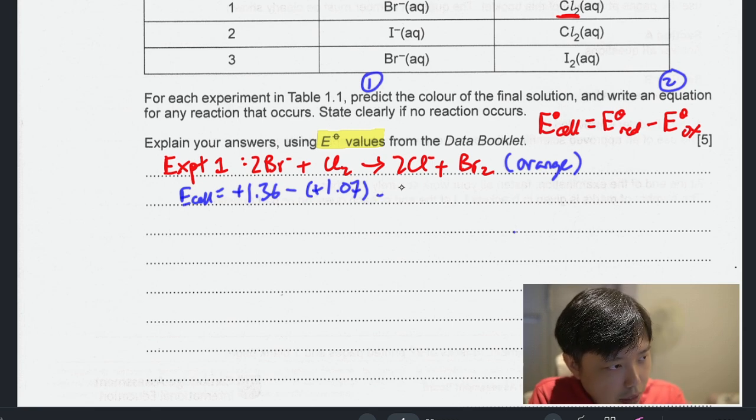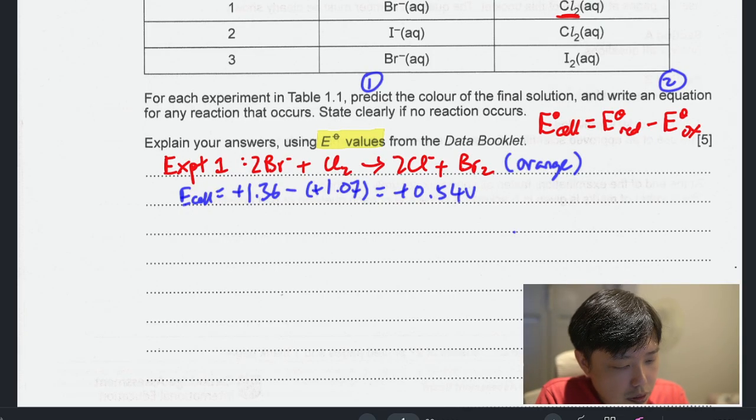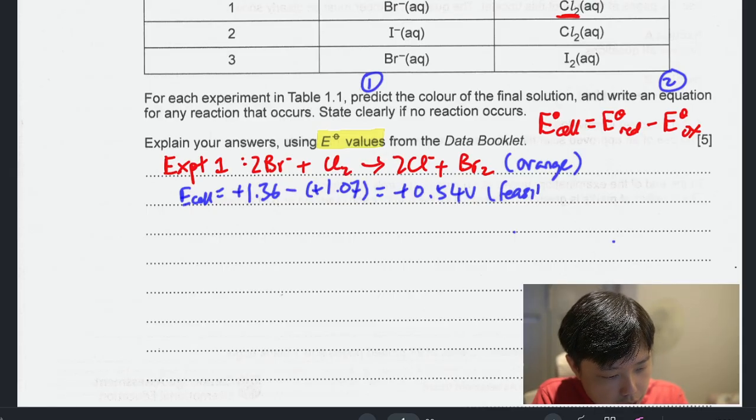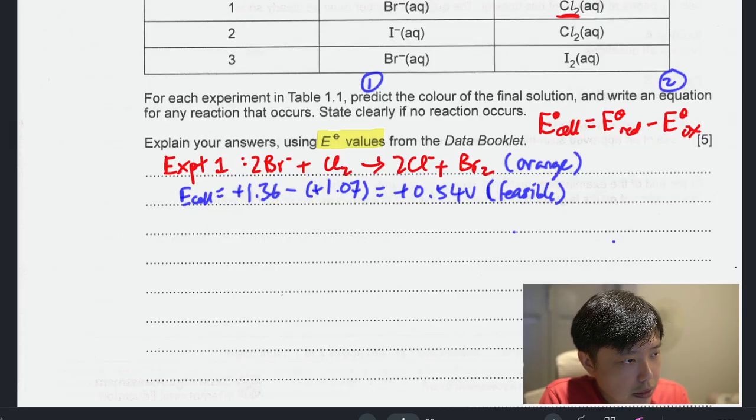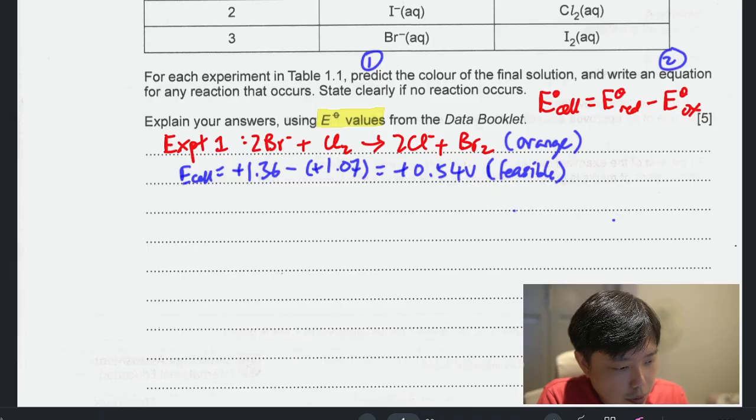So you actually get a positive 0.29 volts. A positive E0 cell means that this reaction is thermodynamically feasible. So that is for experiment 1.